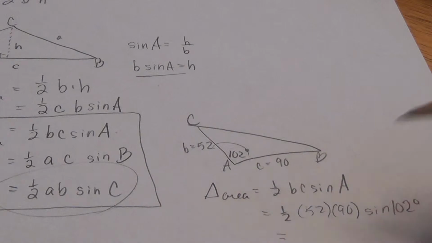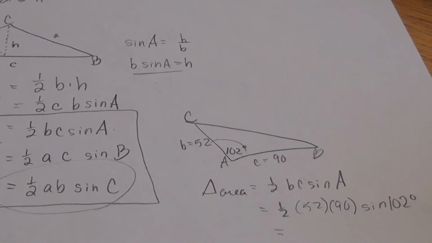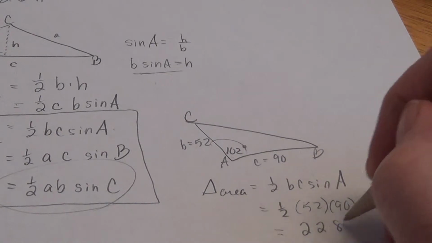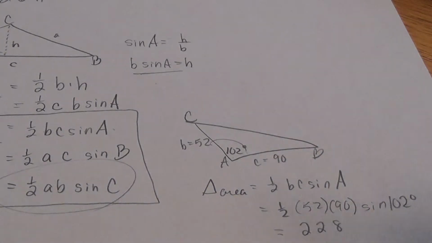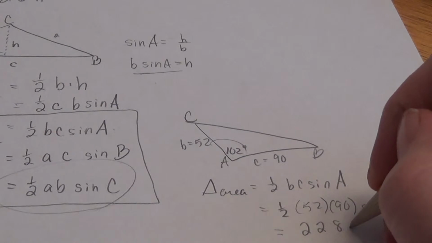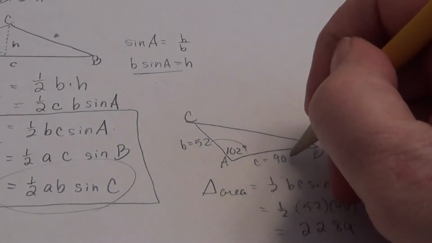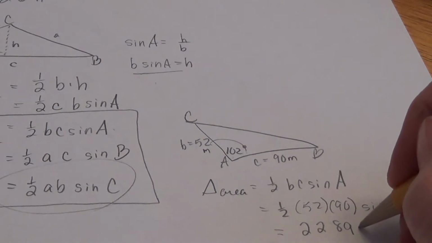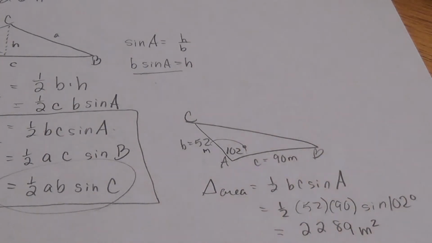When I tap that all in the calculator, I get 2,289. And if these were meters, we'll say they were meters squared because it is an area.